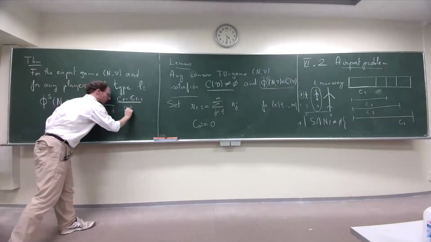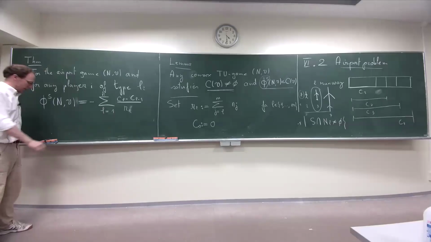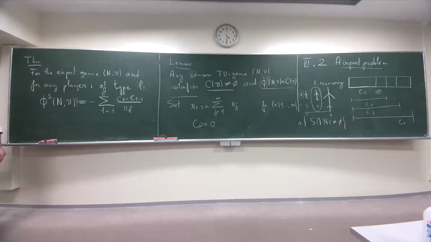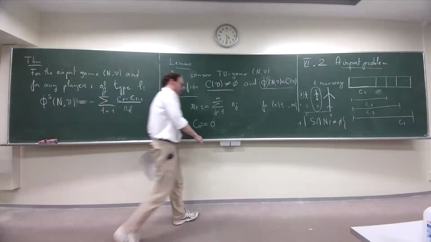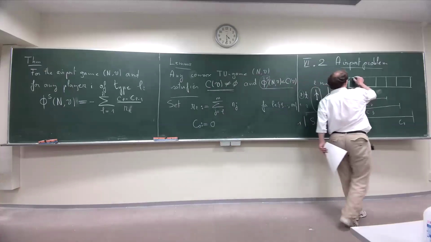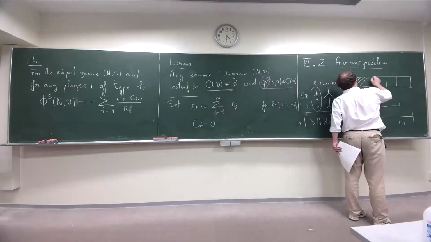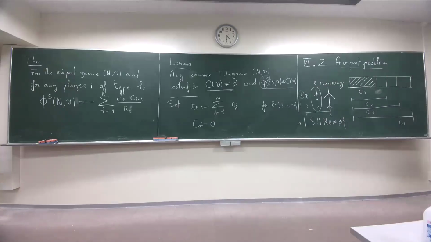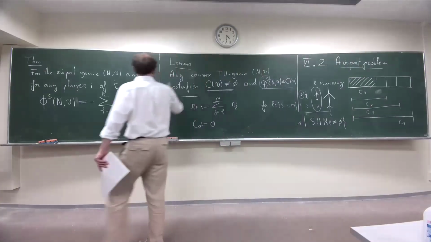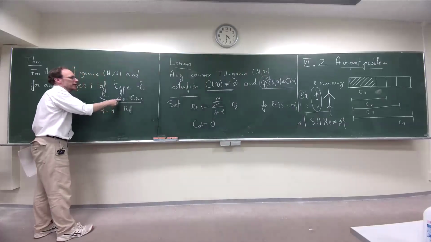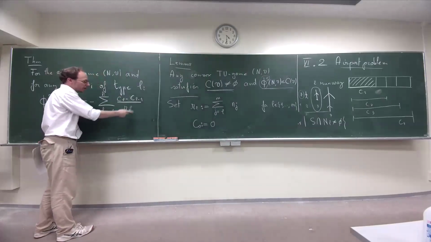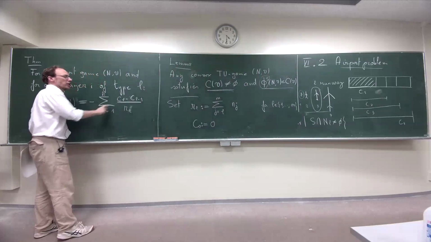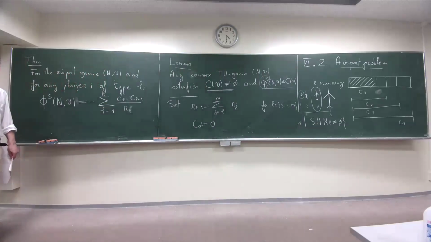So let's try to understand this formula and see that it's perfectly fair. This first part has to be paid by everybody because everybody is using this first part. So each plane is going to pay C1 minus 0 divided by the total number of movements.